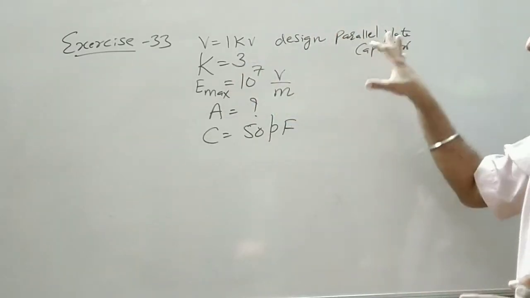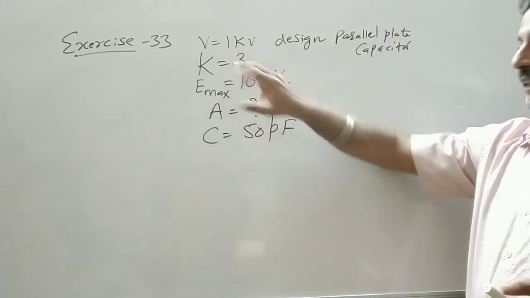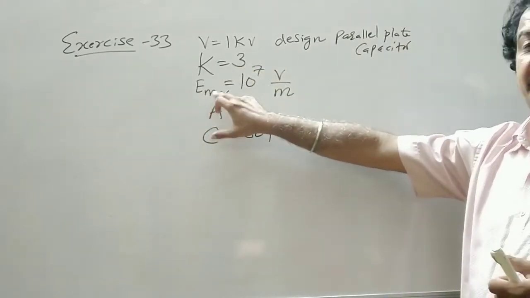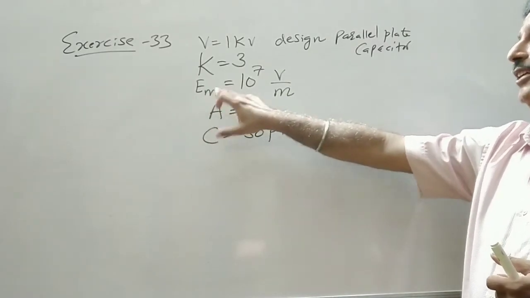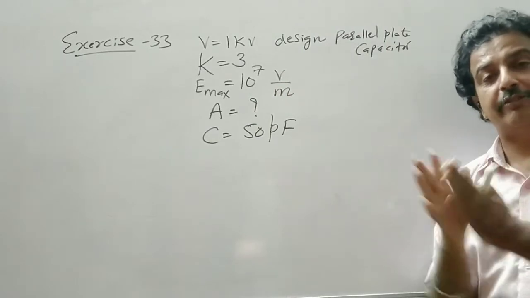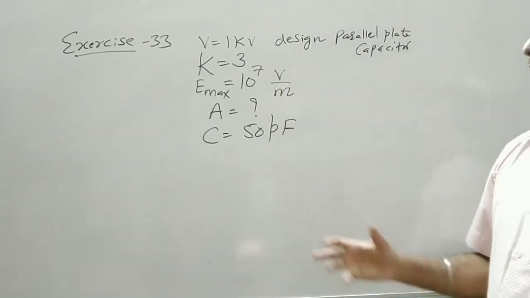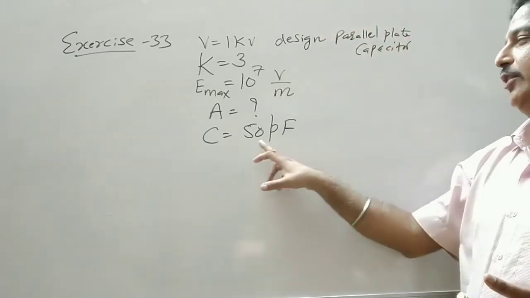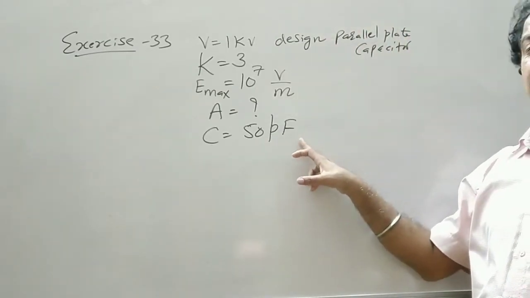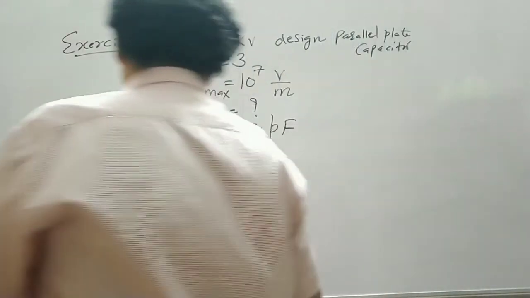So you have to design one parallel plate capacitor having a dielectric constant 3, and the maximum electric field, that is the dielectric strength it can withstand, is 10⁷ volt per meter. We know that for safety purposes we generally take 10% of this Emax. The capacitor which you have to design should be of 50 picofarad. So what should be the minimum area of this capacitor?